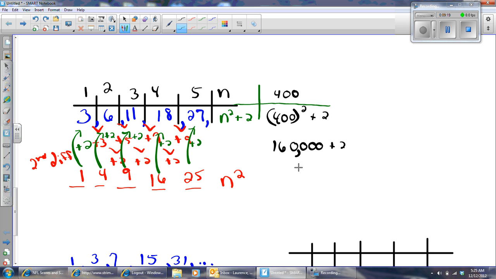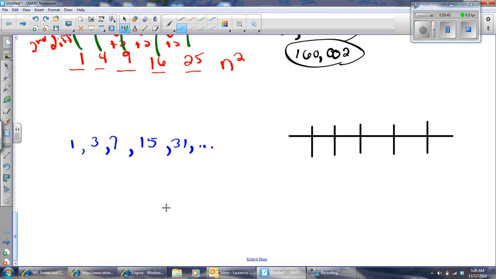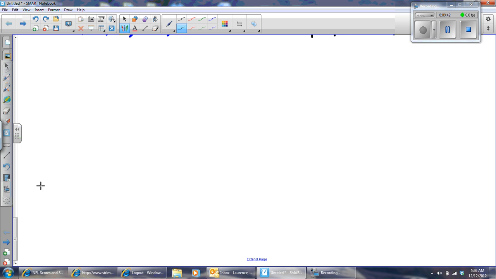So my answer would be 160,002. That would be the 400th term. I sure wouldn't want to count all the way up so that I had 400 numbers listed. I'd just rather figure out the formula and then go from there. It's so much easier to do.